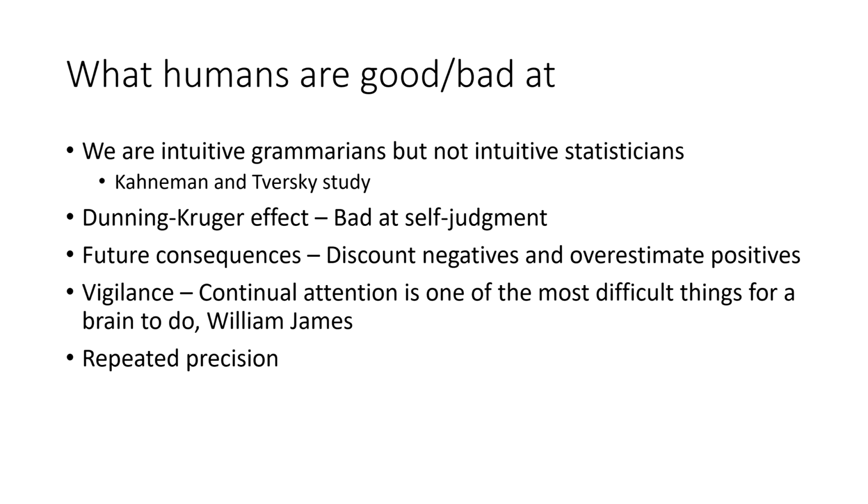All right, so first, we are intuitive grammarians, but not intuitive statisticians. So this is true. We are not great at numbers. Even mathematicians and statisticians, just inherently, we don't have a good or valid perception of numbers and statistics.